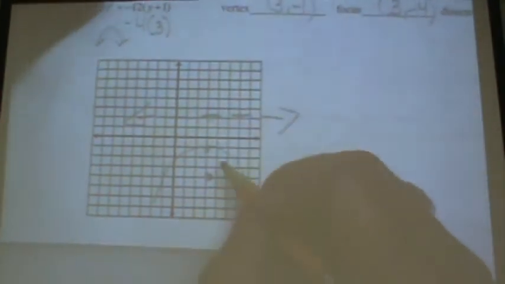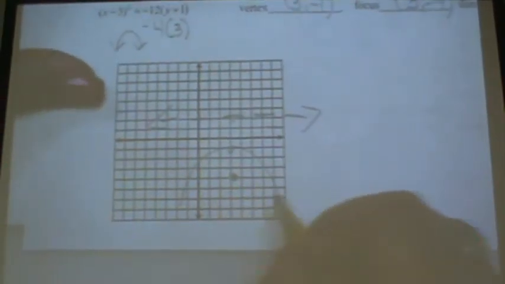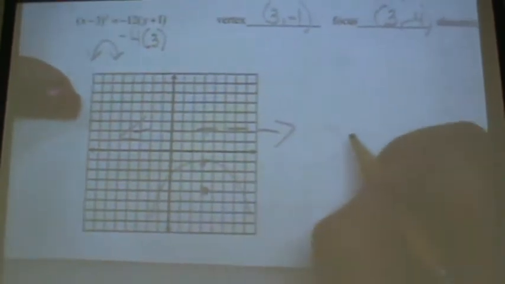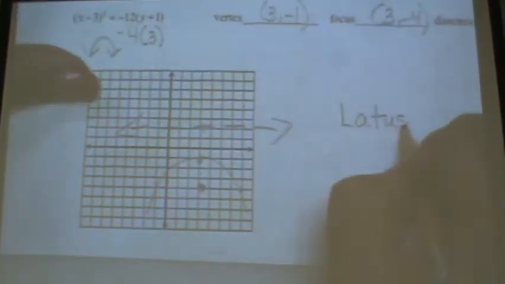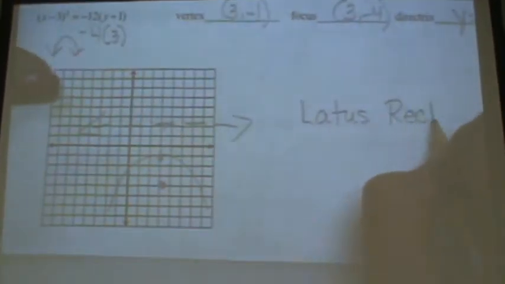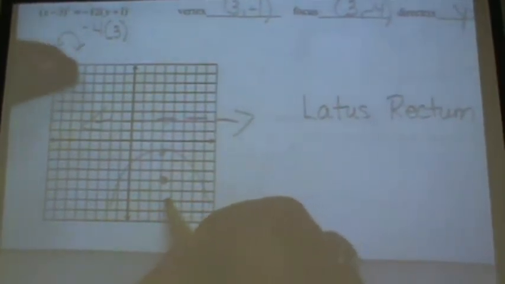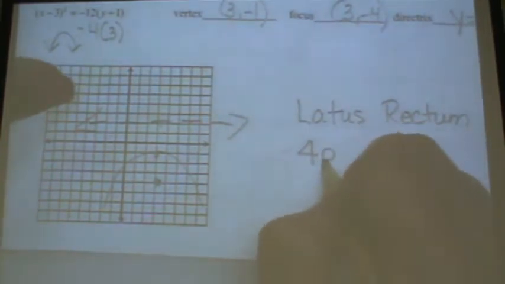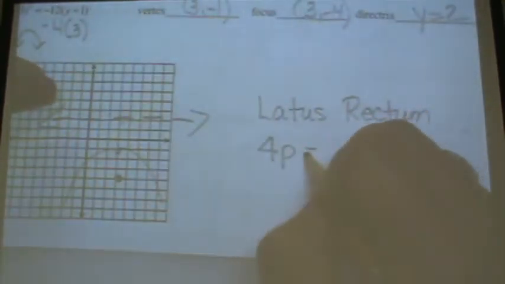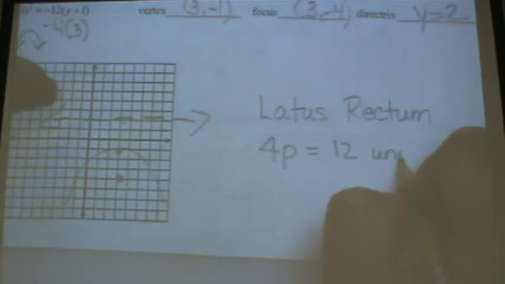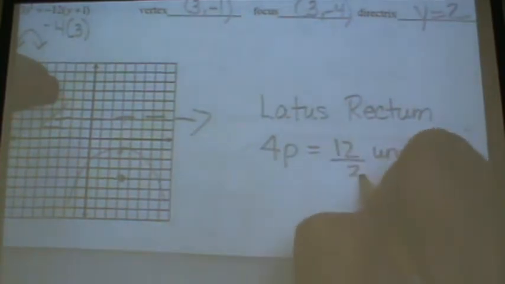Now, do you remember one last thing? If I wanted a really nice graph, do you remember the latus rectum? It's a chord that goes through the focus point. It measures 4p units long. Well, if p is 3, it's 12 units long. So half of 12 is 6.